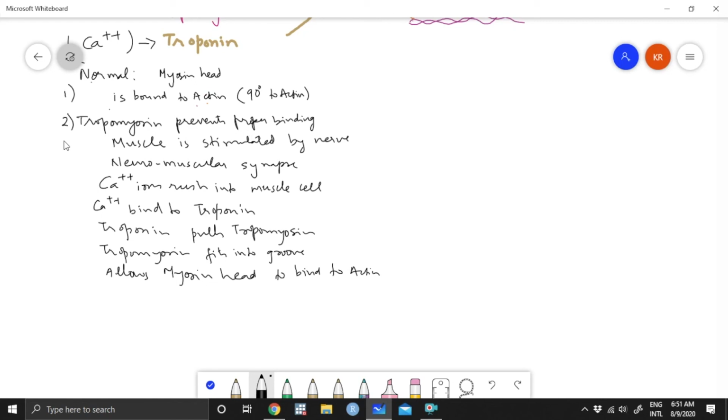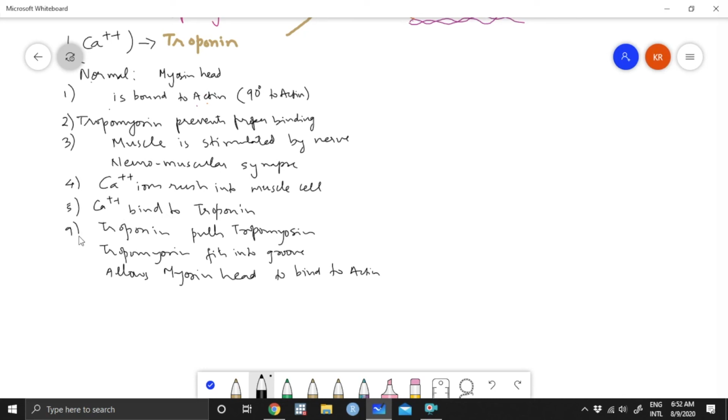Now suppose the muscle is stimulated by nerve, then at the synapse calcium ions will rush inside because of the depolarization. Now the calcium binds to troponin, because the troponin molecule is very sensitive to the presence of calcium ions.